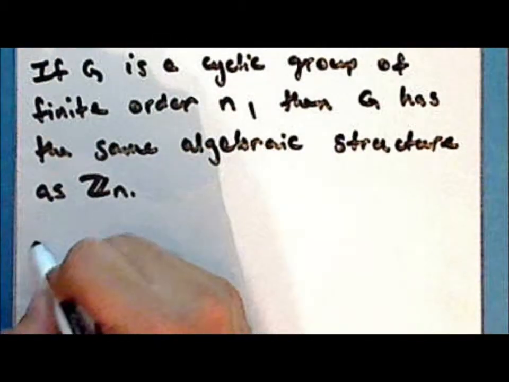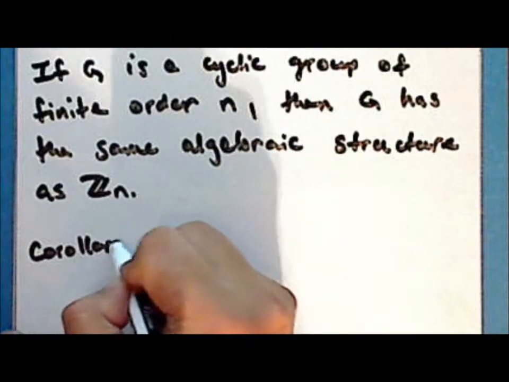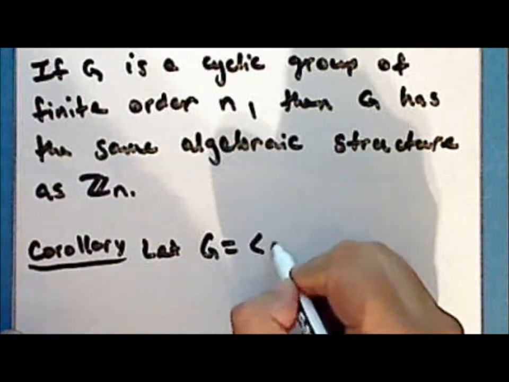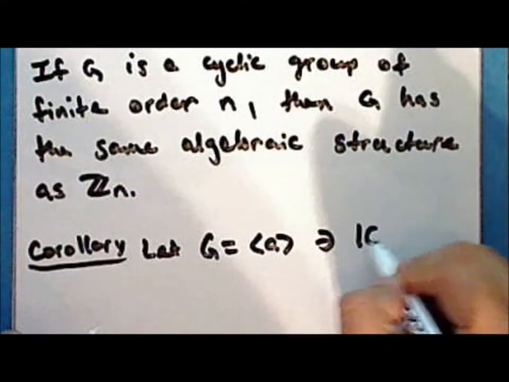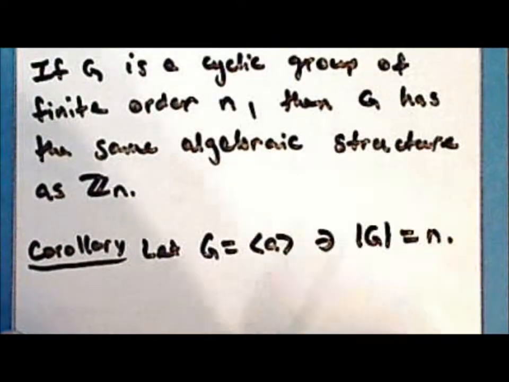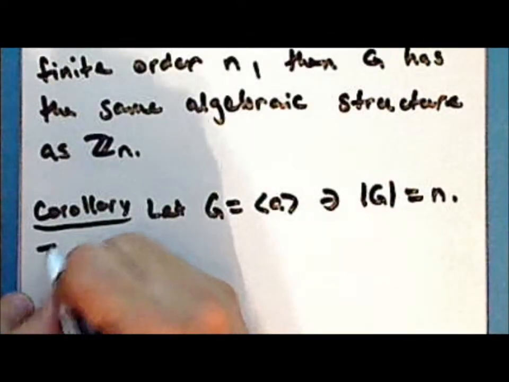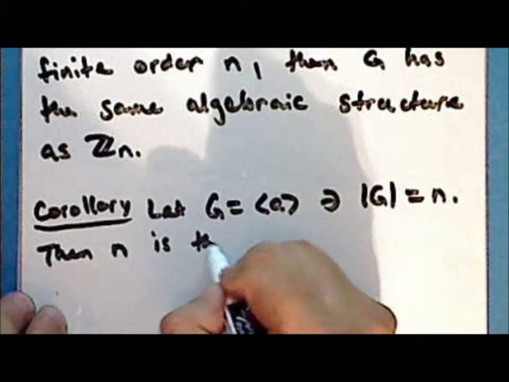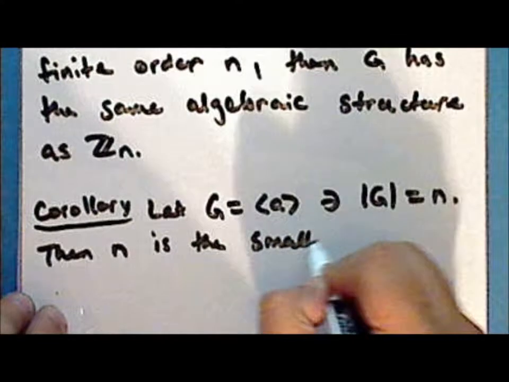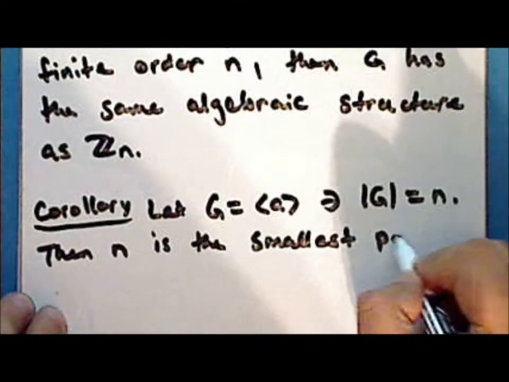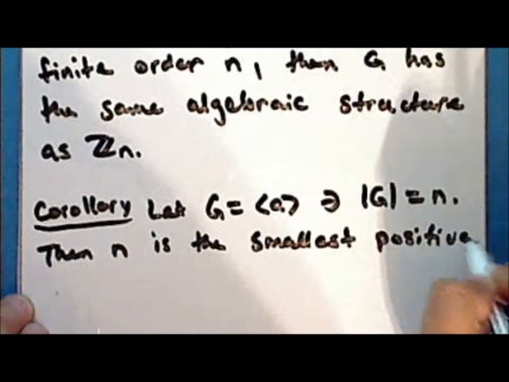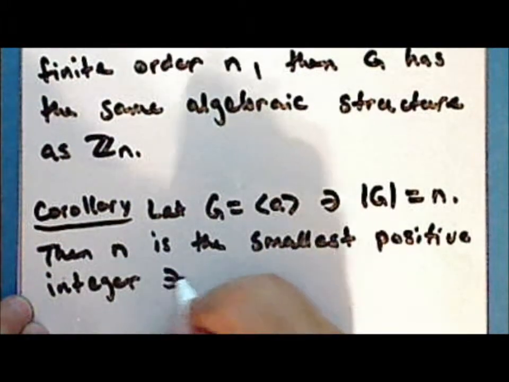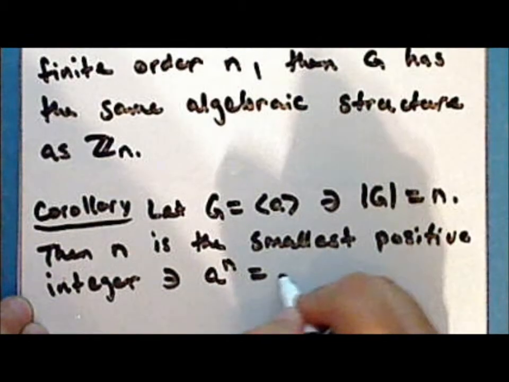So as a corollary, let G be a cyclic group of finite order n, then this positive integer n is the smallest positive integer such that a to the power of n is the identity.